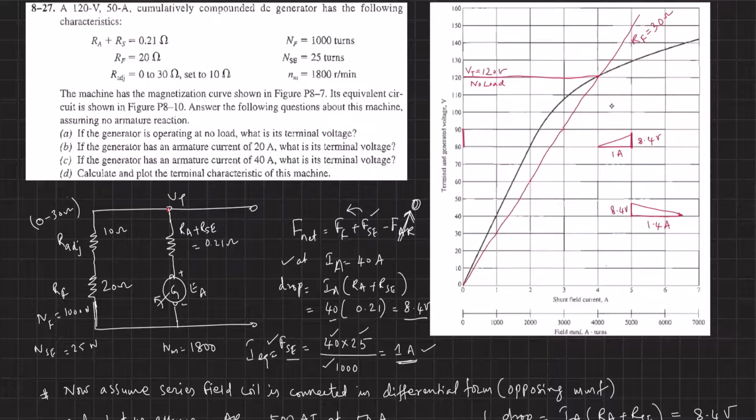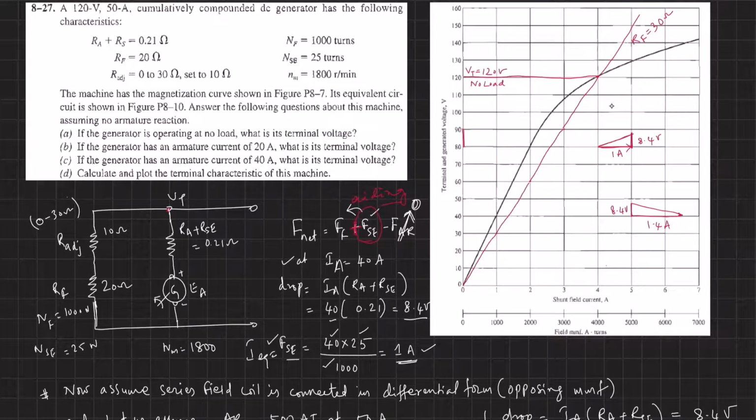Now here this series field is actually cumulative in nature. It is actually aiding the shunt field. So that is why I am adding this equivalent current to the main field current. So I am directing in this way. So 1 amp, 8.4 volts. So I have formed the triangle.